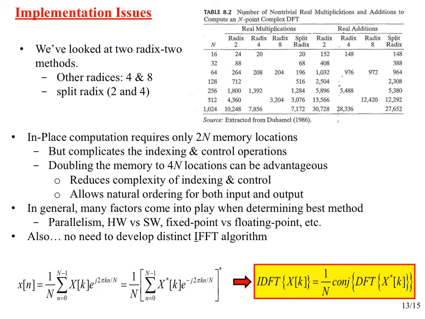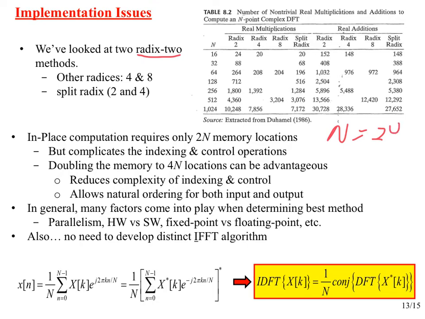So we'll finish this set of notes up with just a couple slides on some general implementation issues for FFTs. We explicitly looked at Radix-2 methods, but we alluded to this generalized divide and conquer approach, which allows us to use any other kind of radix that we want. By radix we mean, when we say Radix-2, we wanted our n to be a power of 2. So for Radix-2, we have n is equal to 2 to the v.